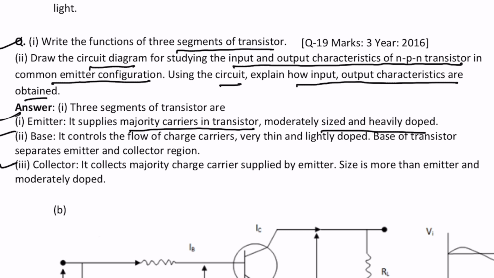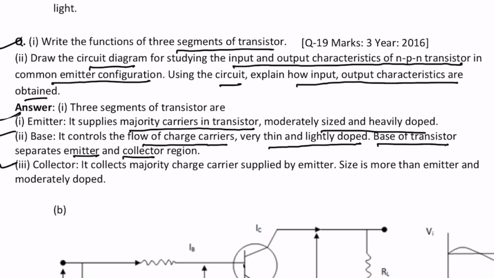Second is base. It controls the flow of charge carriers, and is very thin and lightly doped. So the ratio of impurity atoms is less here. The base of the transistor separates the emitter and collector. Suppose this is the base, one is collector, the other is emitter.